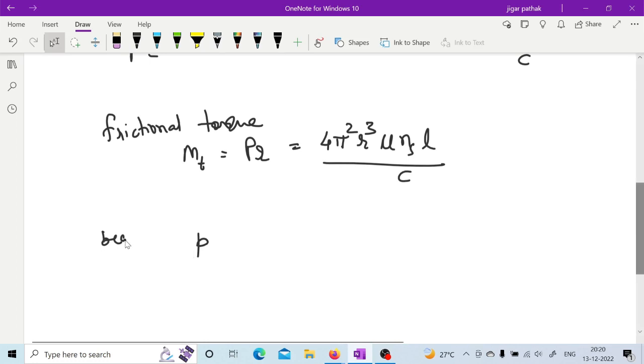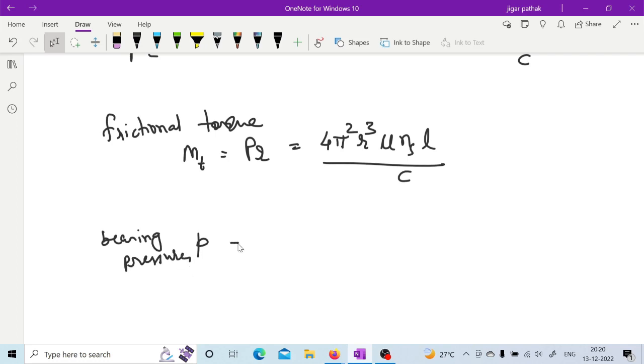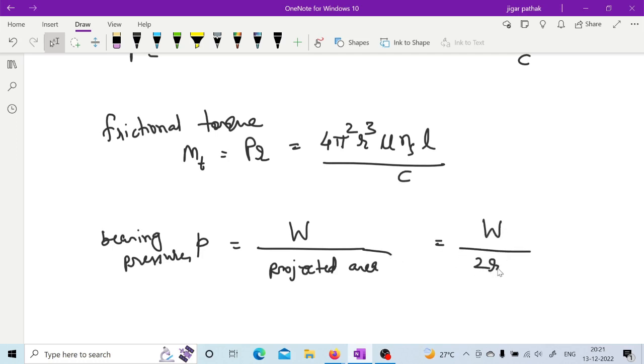This bearing pressure P is equal to W upon projected area. So this P is equal to W upon 2RL, and 2RL is nothing but the diameter into length.